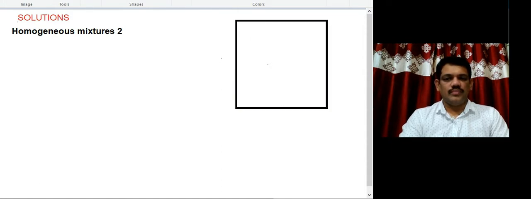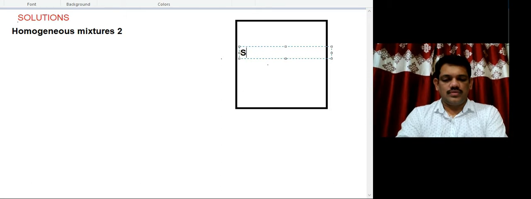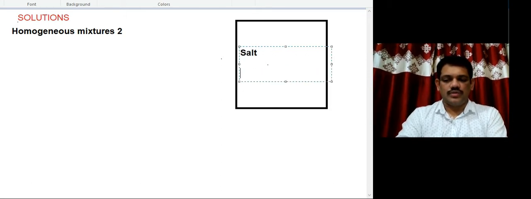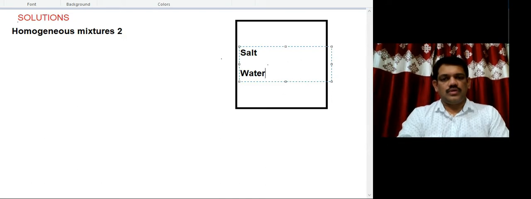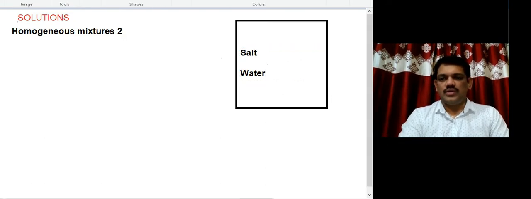So I can say exactly what the two components are. I'm taking one container here, and in this container I'm adding salt and water. Generally, if you want to prepare a salt solution, we add very small quantities of salt and more quantities of water, right?